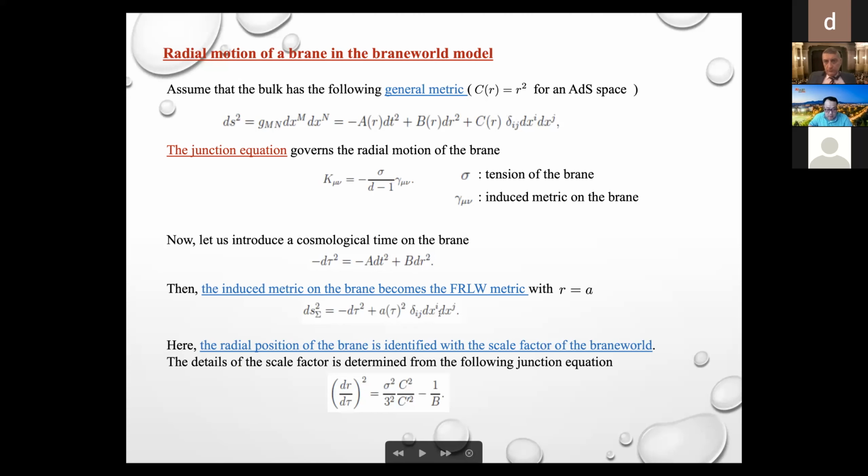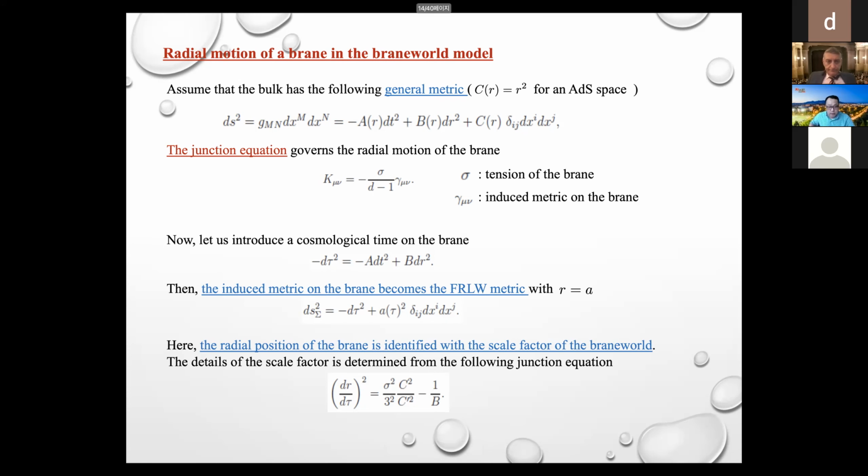So this is the induced metric on the brane. This is very similar to an FLRW metric, right? If A usually matches some standard cosmology, then this brane world model gives a holographic dual of the standard cosmology.